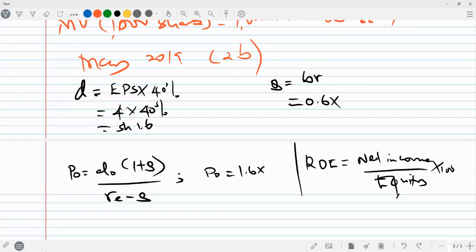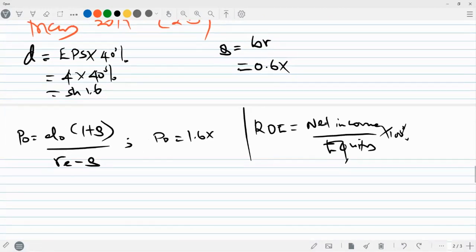The net income is the earnings of the company. The earnings per share is 4, therefore total earnings is 4 times 10 million, where 10 million is the number of shares. We divide by equity, which is 200 million, and we express this as a percent to give us the return on equity.